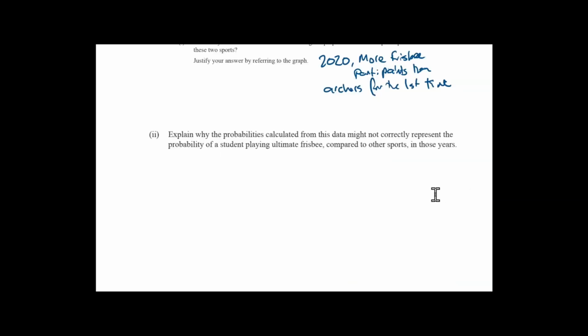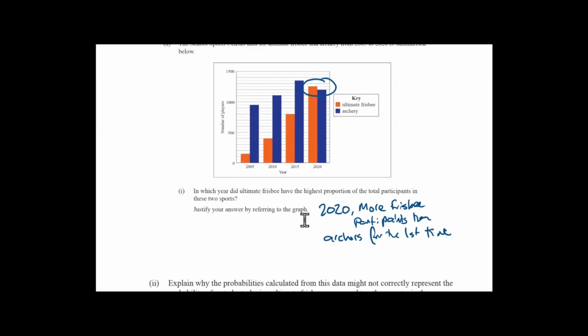Next question says, explain why the probabilities created from this data might not correctly represent the probability of a student playing ultimate frisbee compared to other sports in those years. So one thing is the sample is really small. I mean, 1,000 students out of how many? 300,000 something students in the survey. It's quite low.